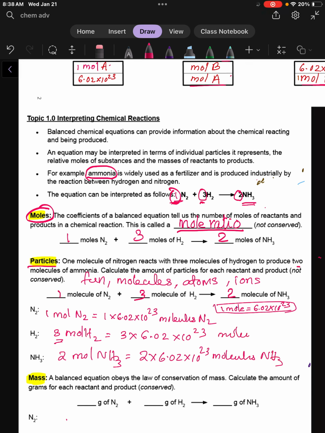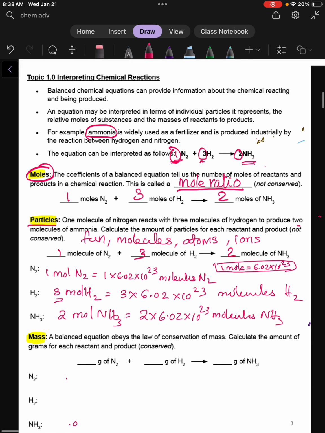This is molecules of hydrogen. There will be conversions asking from particles to particles, or particles to grams, or particles to moles. We use this conversion factor.